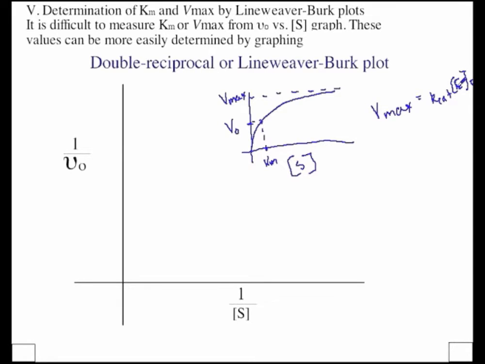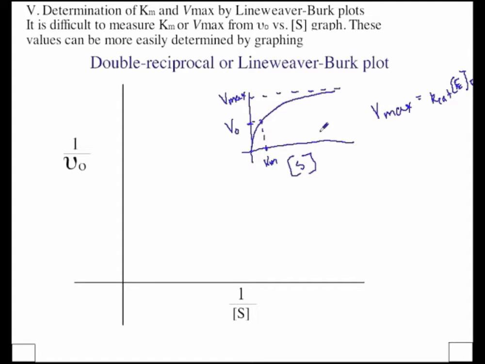Sorry, that is an E in there, and that's a T for enzyme total. So we know that those two can be calculated from one another as long as you have a real accurate determination of the absolute amount of enzyme that was added.